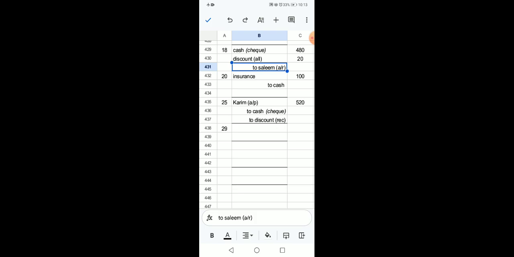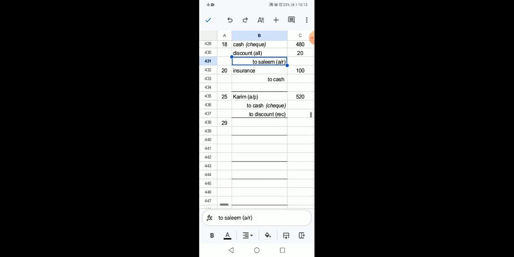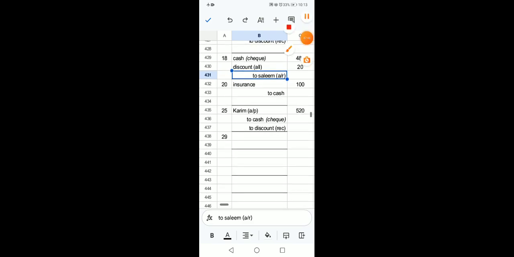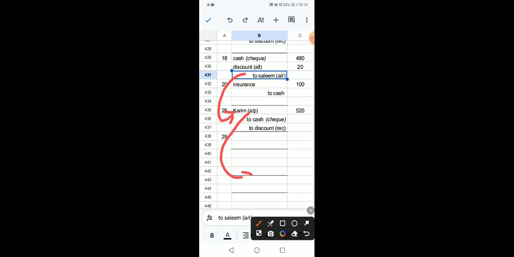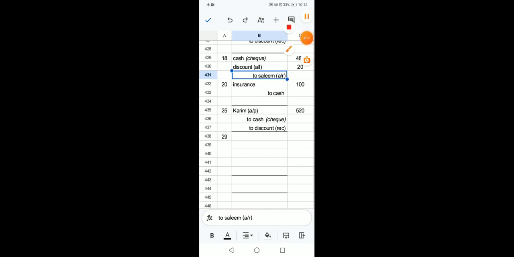But due to any reason, maybe date was wrong, maybe amount written in words is not matched with the amount written in numbers, we are just assuming due to any reason that check has been dishonored. Now again, please make your mind, you have received this check from Salim, you have endorsed this check to Kareem, and now Kareem had gone to the bank and bank had refused this payment. So what will happen? Back circle will start from bank.